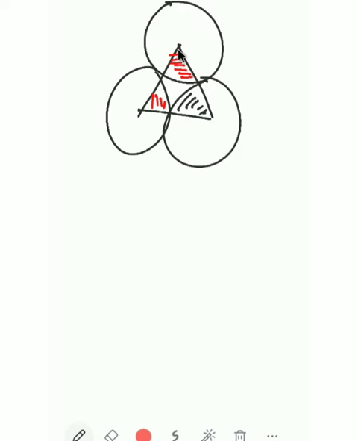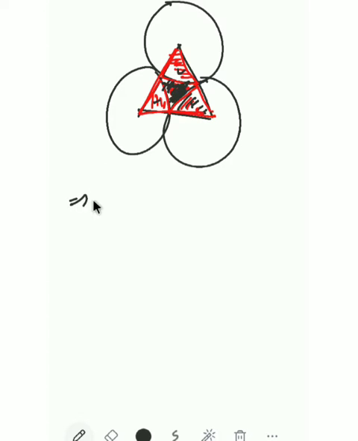If you find these three sectors' area and remove it from the area of the triangle, we get this shaded portion area. To find the shaded portion area, we need to subtract the three sectors' area from the given triangle area.